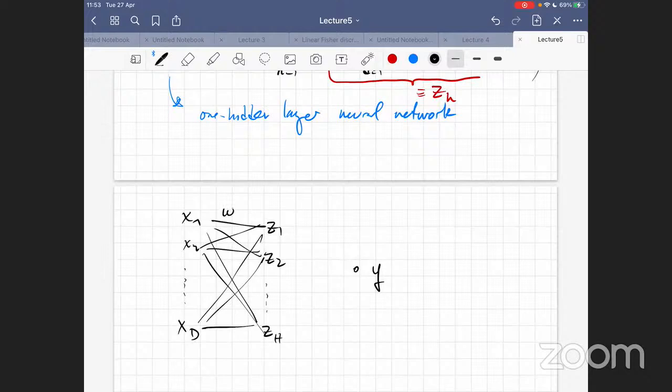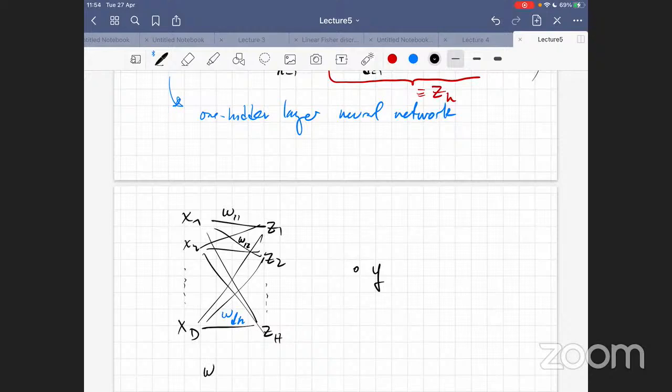For example, this is w11, and this is w12, etc. So in general, all these guys are wdh. And somewhere here, I also have an intercept.